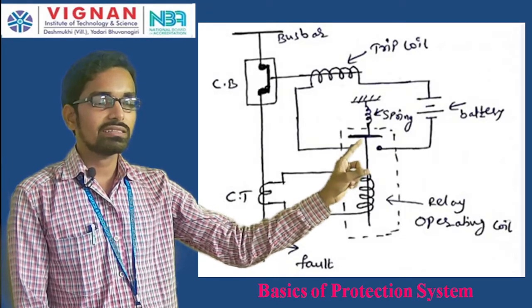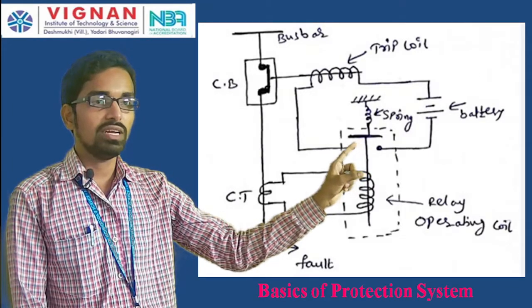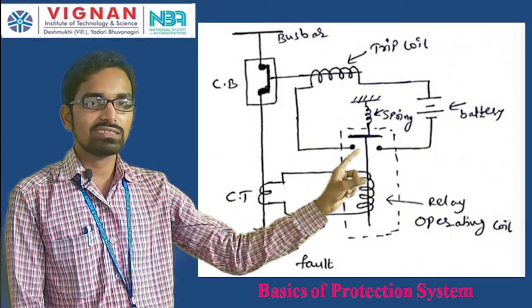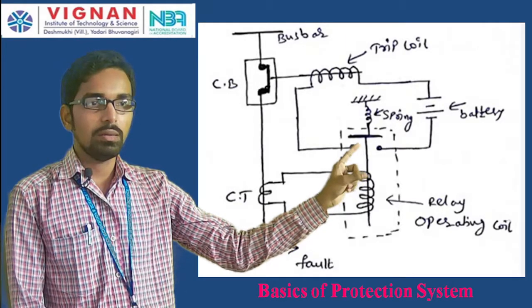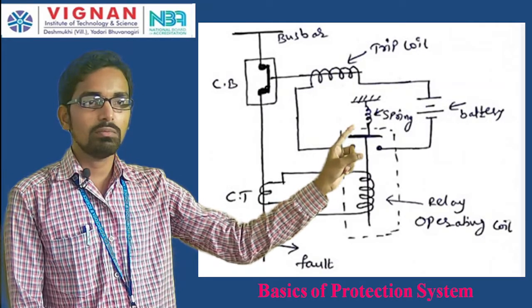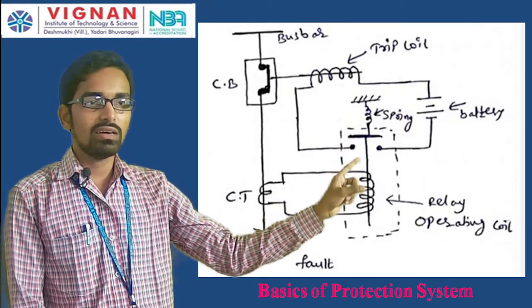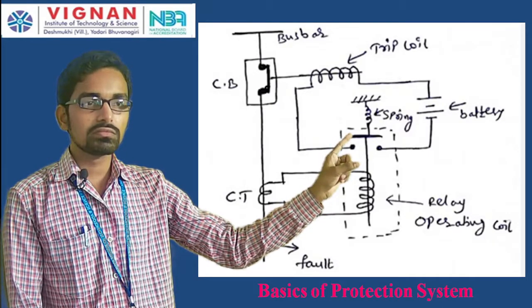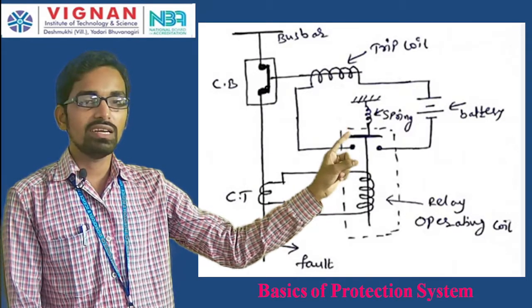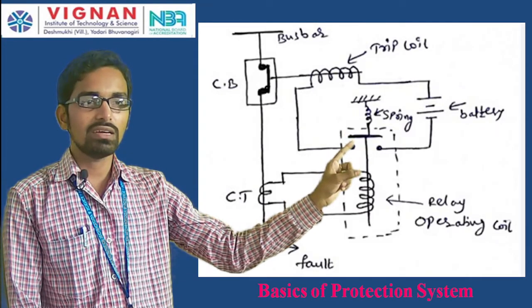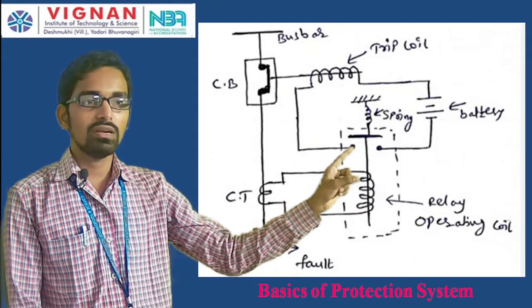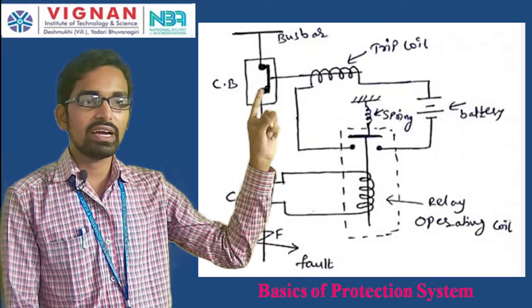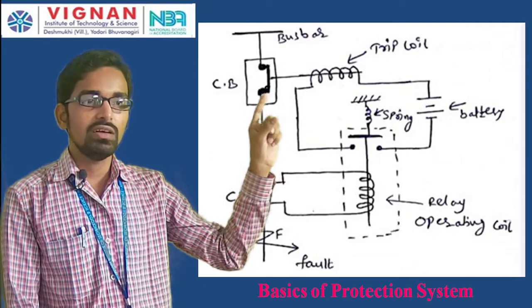These relay contacts are normally open whenever there is no fault, because the spring pulls up the plunger, and it works as a normal condition. These relay contacts are normally open, and the circuit breaker contacts are normally closed before the fault takes place.